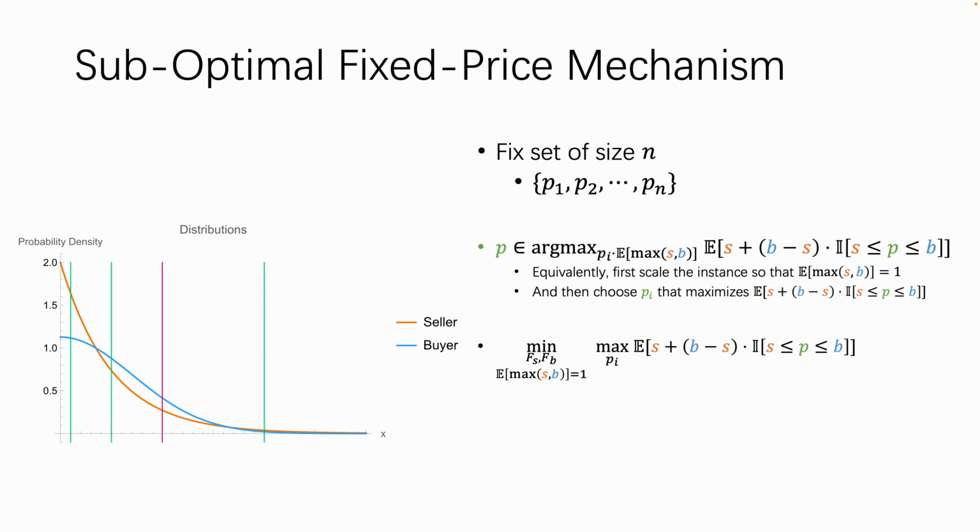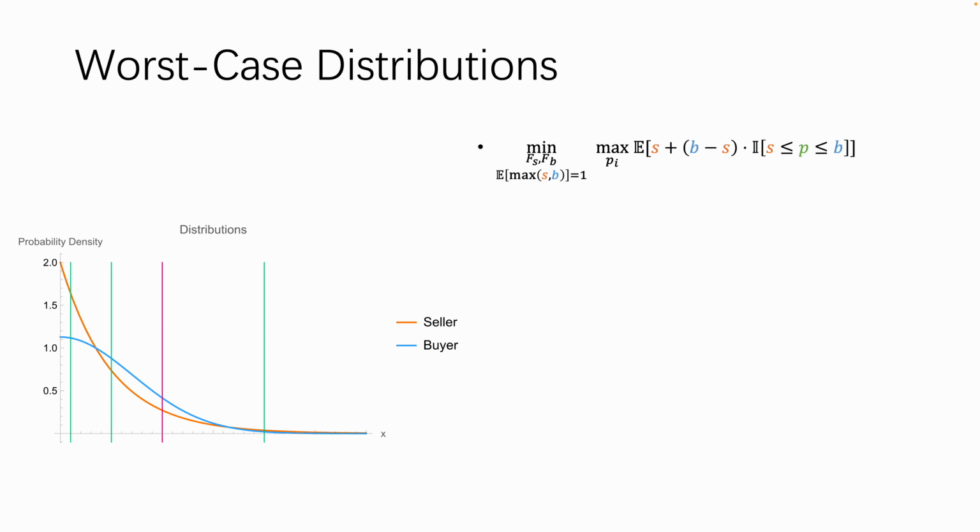But this term still looks hard to solve because the outer minimization problem still requires us to examine all possible distributions, and we don't know how to solve them yet. So this suggests us to characterize the worst case distribution for this kind of minimization problem.